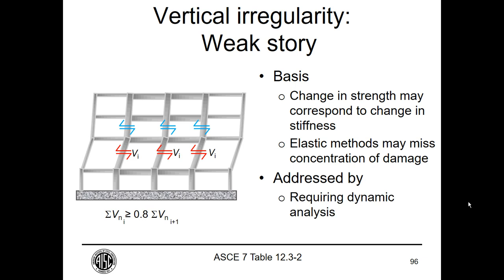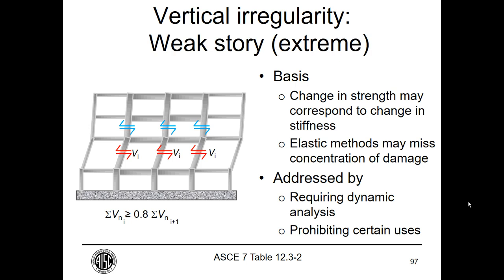We require a dynamic analysis for this. I'm not sure a dynamic analysis really fixes it, but we do prohibit a weak story in certain uses, say in higher seismic design categories E and F, which is good. If you do have a weak story, I think the best thing to do is to make it stronger. And then the extreme weak story, it's just a different ratio.